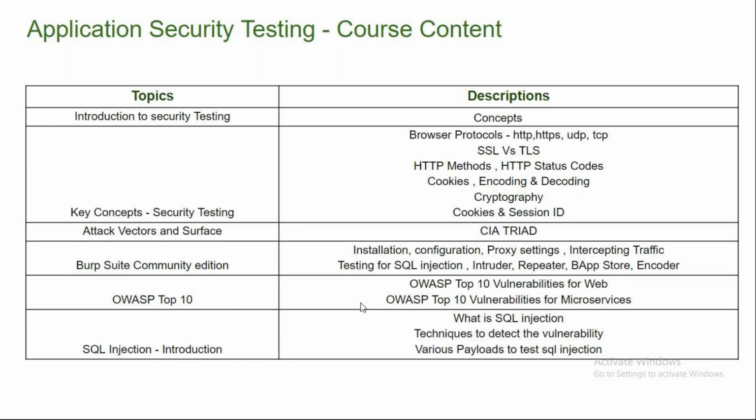Your HTTP and HTTPS protocols, underlying network protocols like UDP and TCP, SSL versus TLS, various HTTP methods, status codes, cookies, cryptography, encoding, decoding, hashing, salting. All these are very basic things you should know from a security testing perspective.